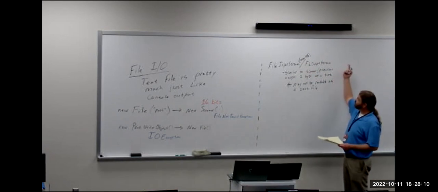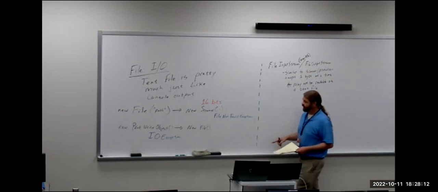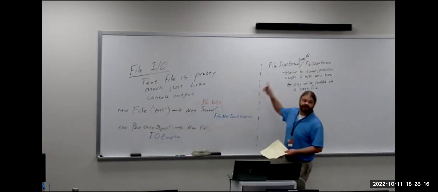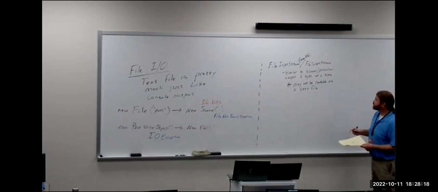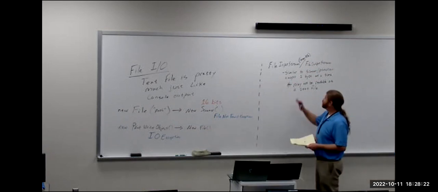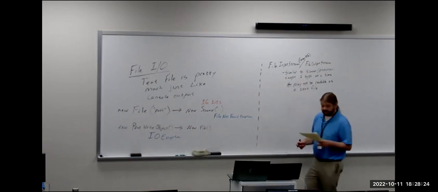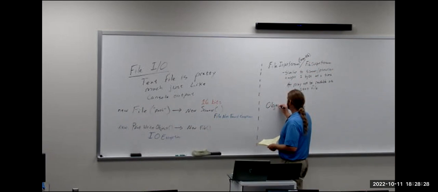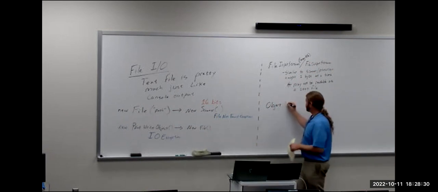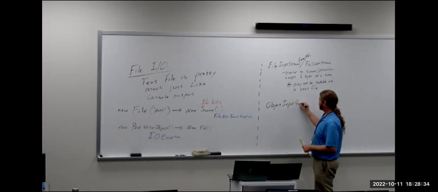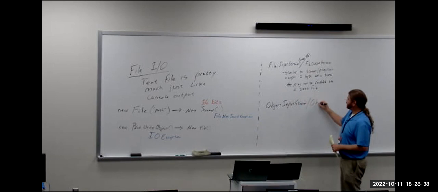Or vice versa, if we're going the other way, instead of passing it into a print writer object, we pass the file object into the output stream. And there's more than just file in and out. We also have object in and out, object input stream, and object output stream.